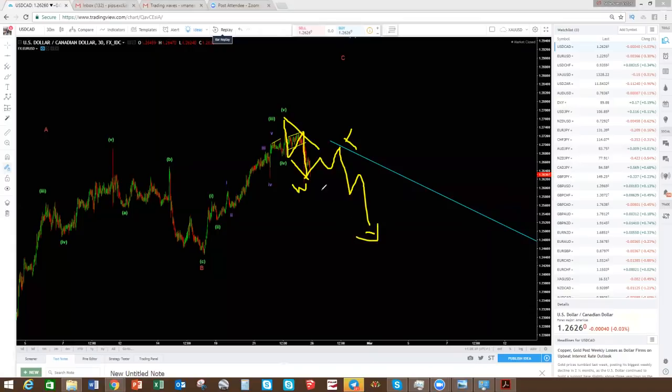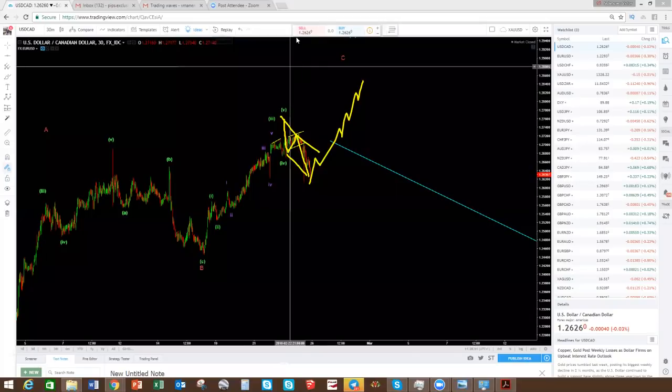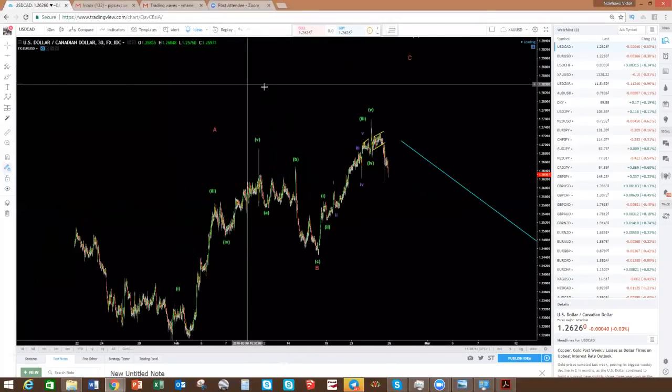So either way, it will tell us if it is going to give us an impulse. But if it doesn't, then we're going to get the impulse down, the correction, then it will give us this move. So now we need to watch this three-wave pullback and see whether we're going to get another move to go and retest the top. Which top do we want to retest?